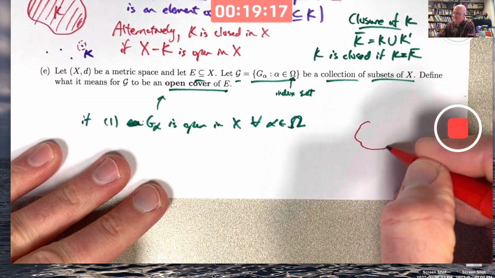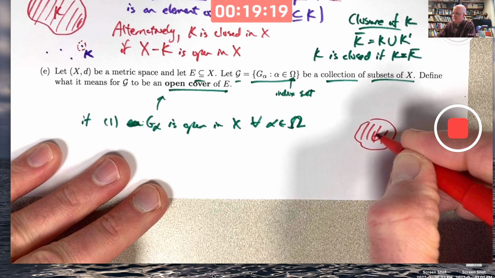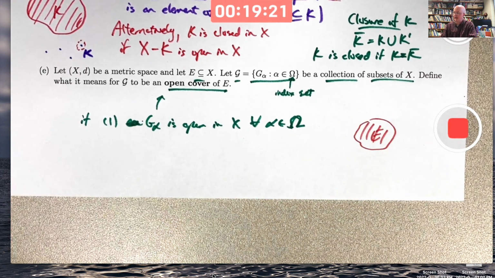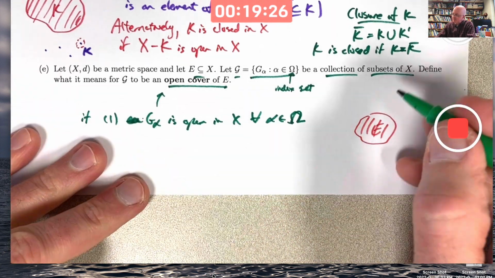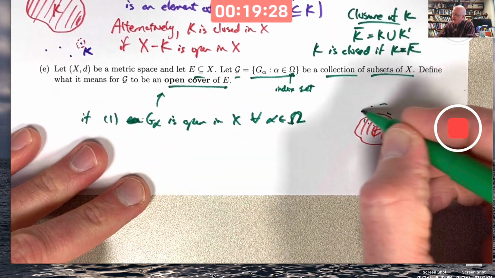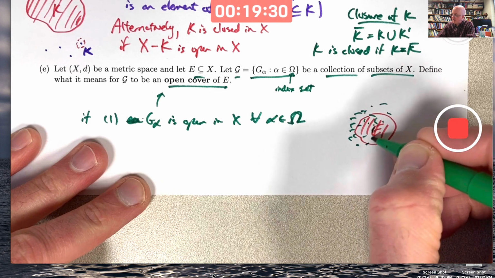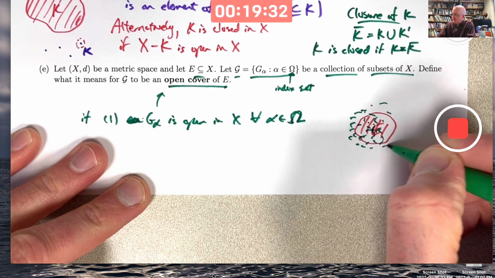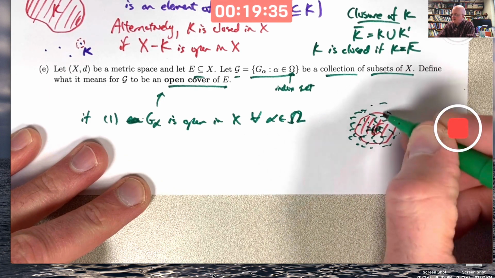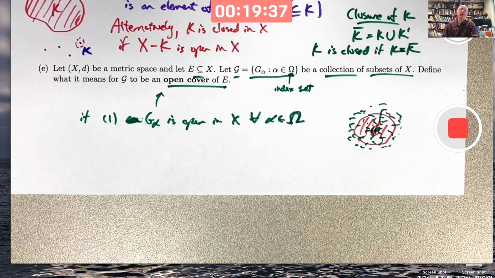Here's E, a subset, say, of X being maybe the entire plane. If our collection consists of sets that cover E completely, when you think about drawing them, then they form an open cover of E. E is contained in their union.